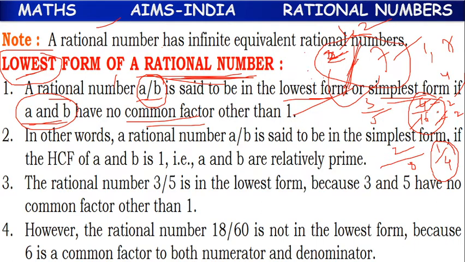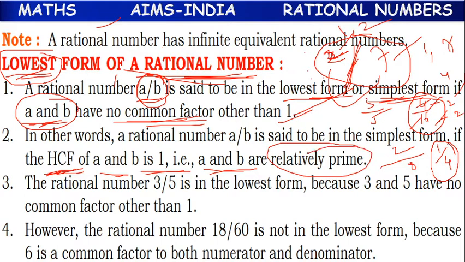So a rational number a by b is said to be in lowest form or simplest form if a and b have no other common factor other than 1, or if they are coprimes, or their highest common factor HCF of a and b is 1, or a and b are relatively prime.